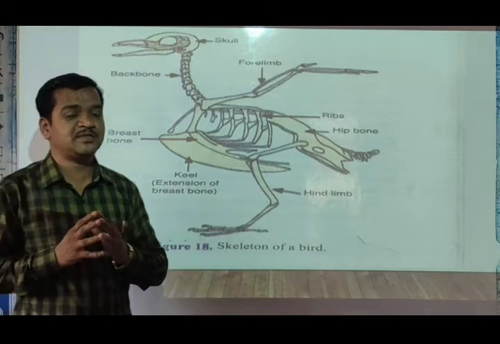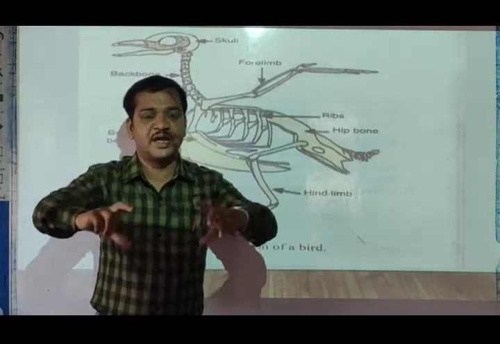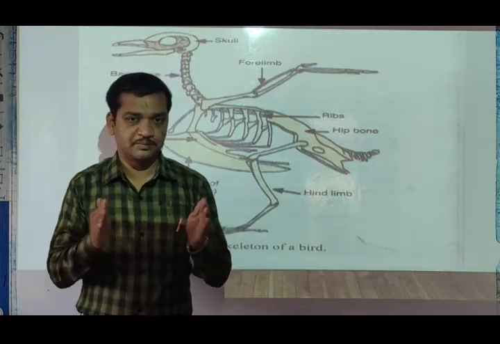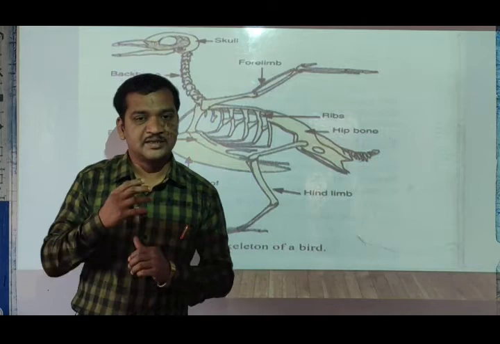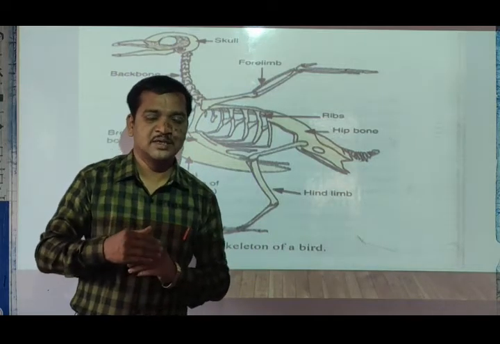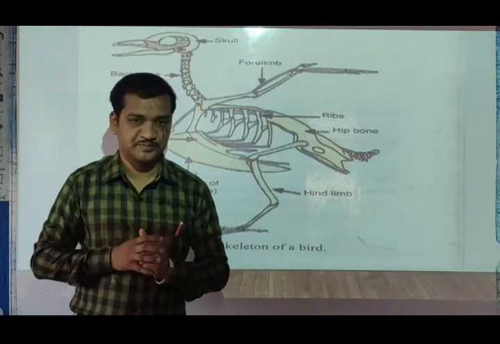Now streamlined means what? Streamlined shape means both the ends are narrow and the middle part is broad. So that is called streamlined body shape, and this streamlined body shape helps in flying to reduce the pressure.